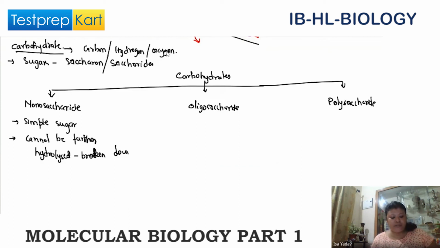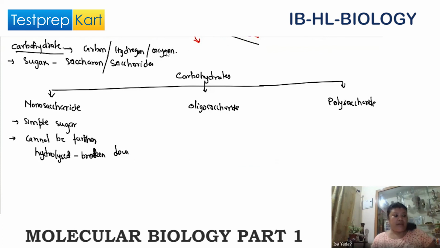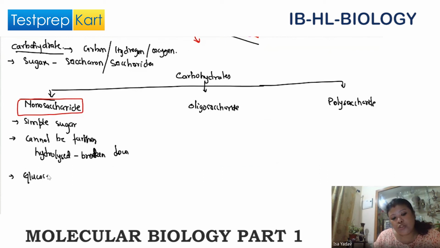This point is clear? Okay. Let's see here now. Monosaccharides, I said, are the simplest sugars. They cannot be further hydrolyzed or broken down. So we have some monosaccharides like glucose.